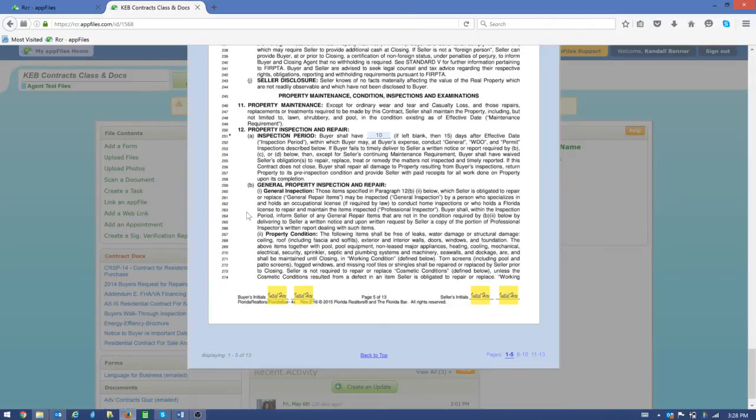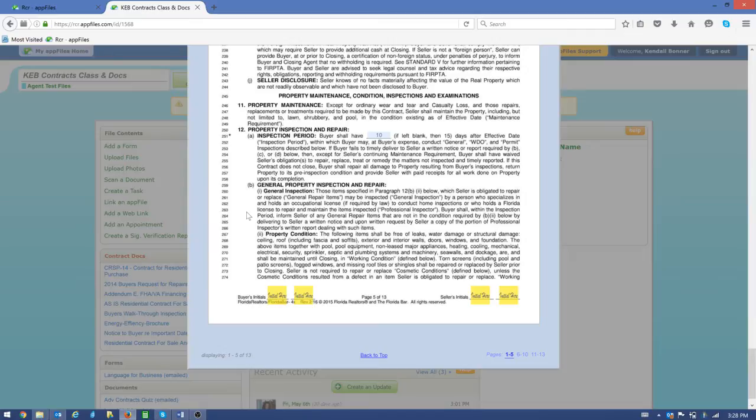So basically you need a professional inspector. Buyer shall, within the inspection period, inform the seller of any general repair items that are not in the condition required by B2 below by delivering to seller a written notice, and upon written request by seller, a copy of the portion of the inspector's report dealing with the items.